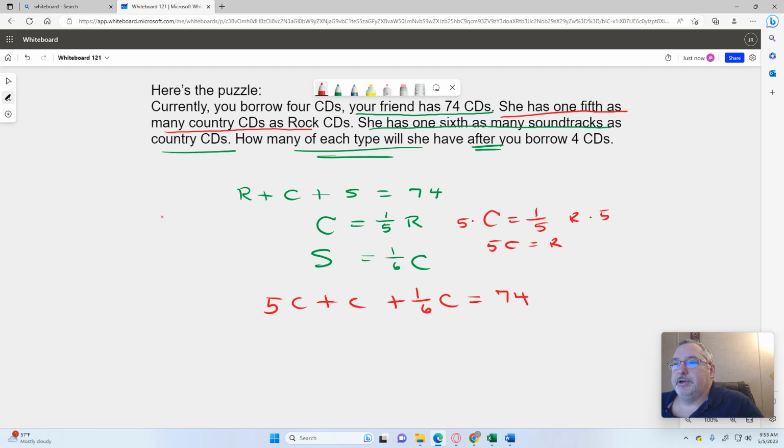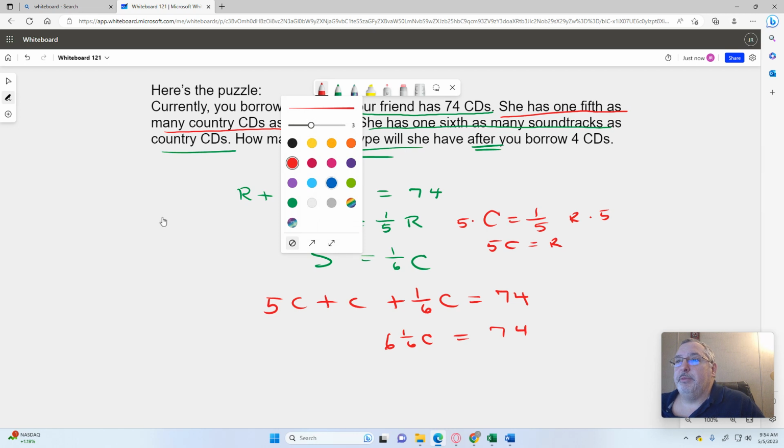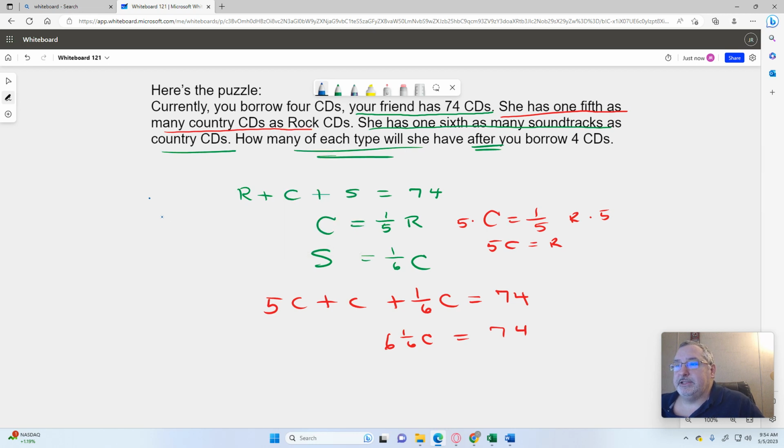So let's see how this works. We have 5C plus 1C is 6C. Then 6 plus 1/6 gives me 6 and 1/6C equals 74. Now be careful about solving this. You can't use mixed numbers here. We have to change this to an improper fraction. So that's 36 plus 1 is 37, so 37 over 6 C equals 74.